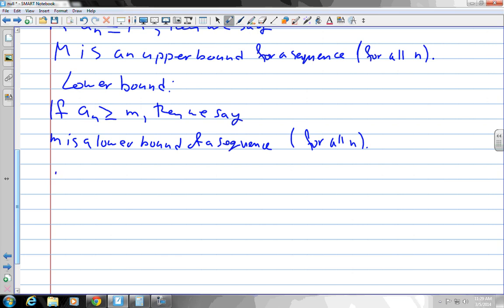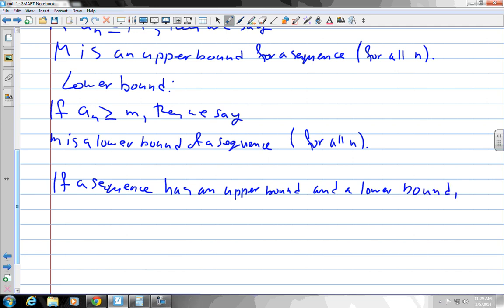So if a sequence has an upper bound and a lower bound, then we'll say that the sequence is bounded.